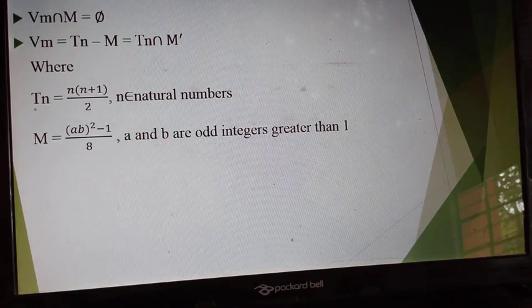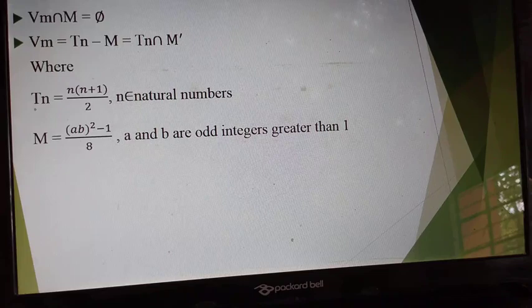Now, how do we calculate M, non-special triangular numbers? We can calculate them by multiplying the odd numbers and the product squared minus 1 over 8. Now, these odd numbers, A and B, are greater than 1.